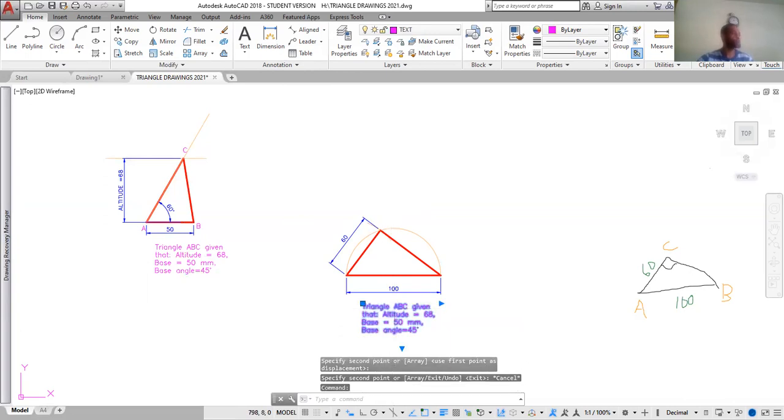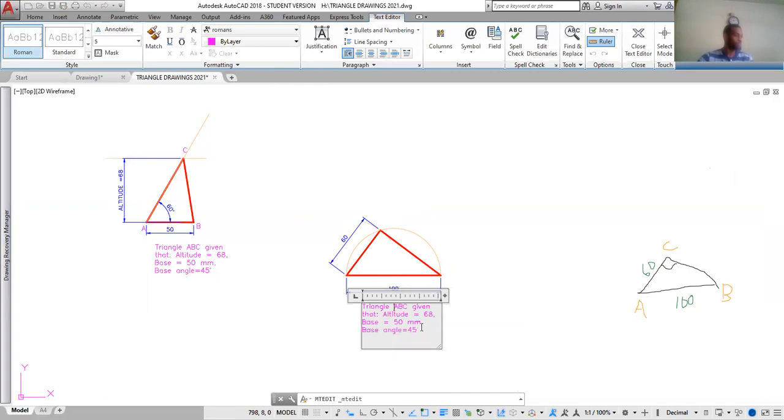Then text: Triangle ABC when given the hypotenuse and one side.